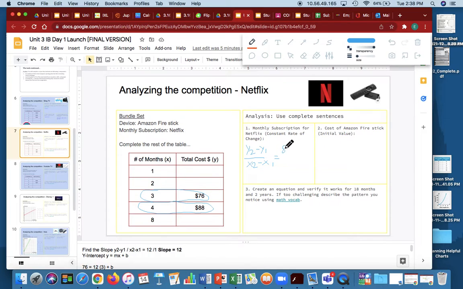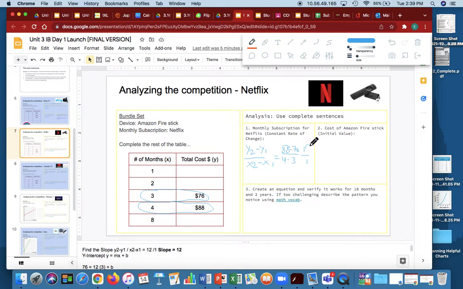So it's 88 minus 76 over 4 minus 3. That's going to give me 1. And when I put 88 minus 76 in the calculator, that gives me 12.